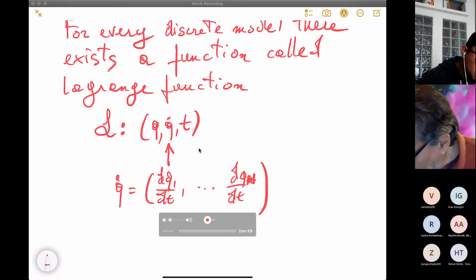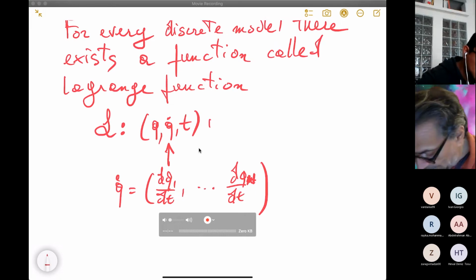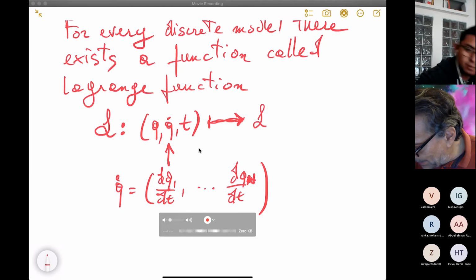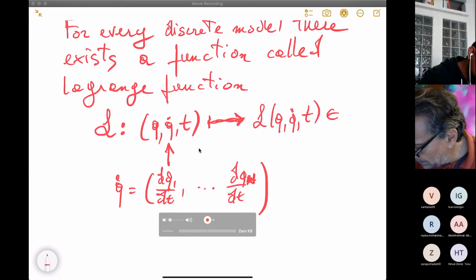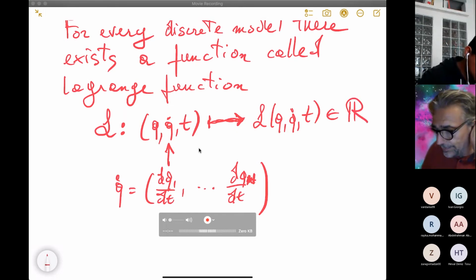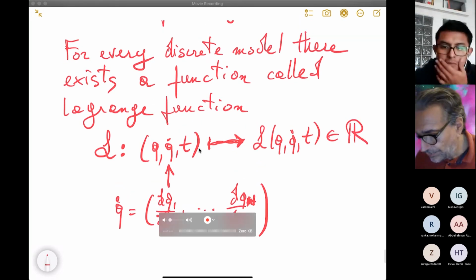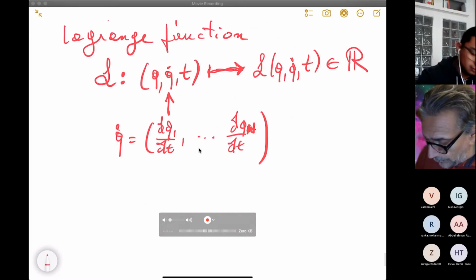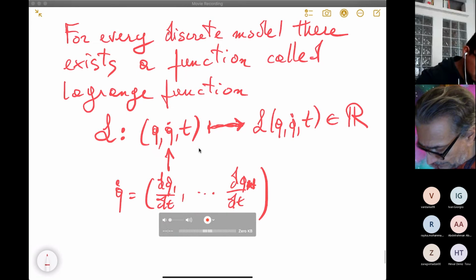And to this triple, we associate a real number.